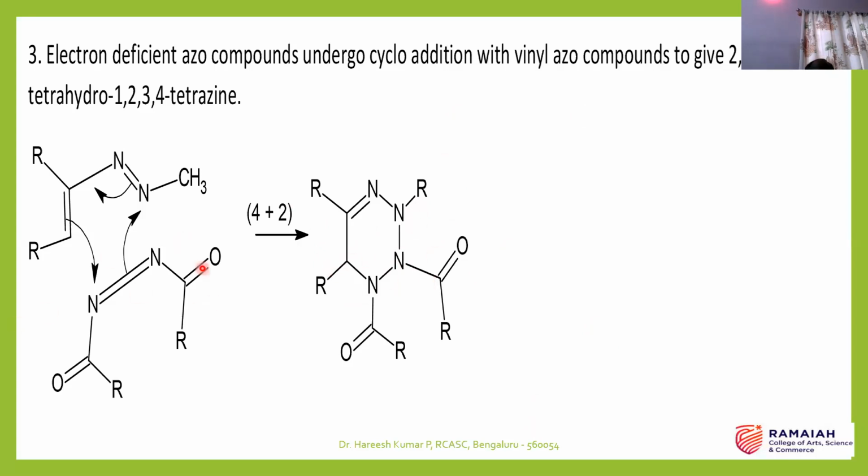That means electron deficient diimide, or you can also say electron deficient aza compound, when it is treated with vinyl aza compounds, undergoes 4+2 cycloaddition, giving rise to tetrazines. So with this, I will take one more kind of tetrazine.